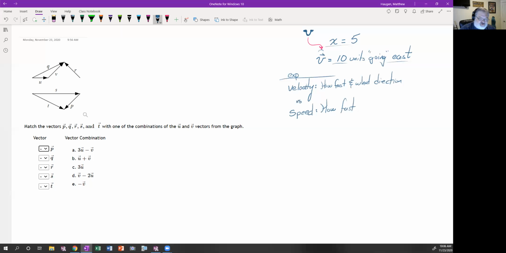Other common examples of vectors are things like force. You know, if you've got some object that's being pulled, there's a difference between pulling it with 10 pounds of force in this direction versus pulling it with 10 pounds of force in that direction versus pulling it with 10 pounds of force in that direction.